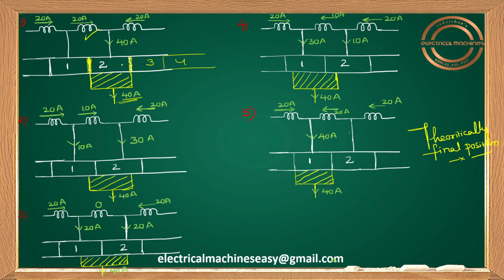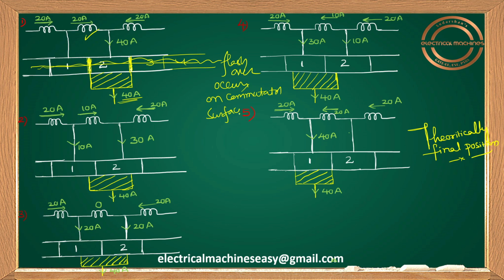Then the insulation between segment 1 and segment 2 becomes short circuited, and this segment and the third segment will again be short circuited, because the mica insulation breaks down there too. Like that, the total commutator segments will be short circuited, and you'll have a flashover. I can write here: flashover occurs on the commutator surface.